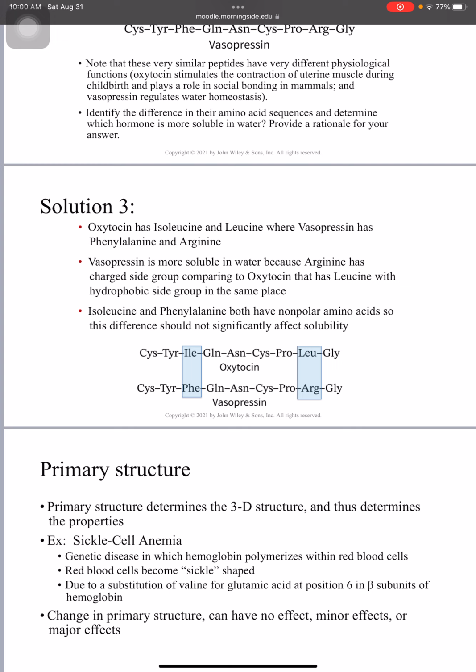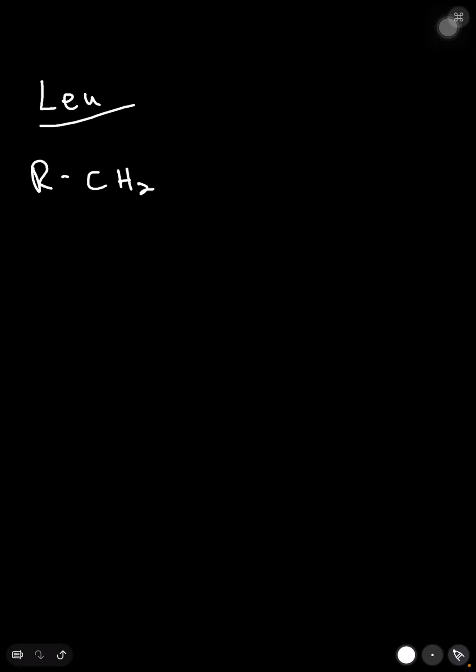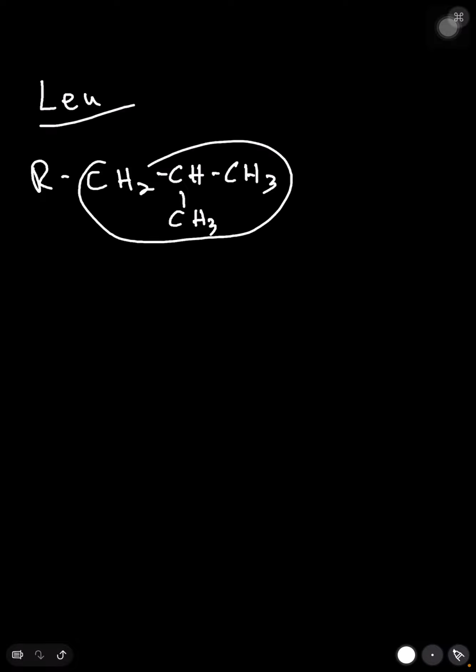However, if you look at leucine in oxytocin versus arginine in vasopressin, I have these in my notes here, I'm going to draw them out. In leucine, I'm just going to draw the side chain attached to an R group here. In leucine you have a very hydrophobic side chain. Very nonpolar, very hydrophobic.